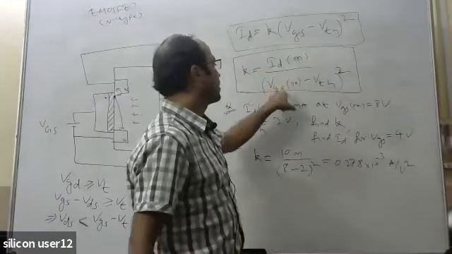So you will calculate your K. So ID on, how much you'll put? Four. Yes, you'll put 4. Obviously it is in the on region. Why? Because threshold voltage is given 4 volt.